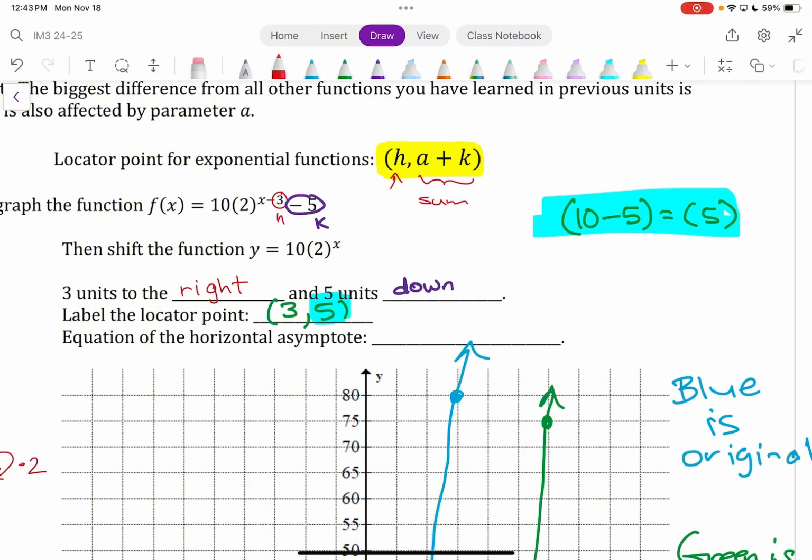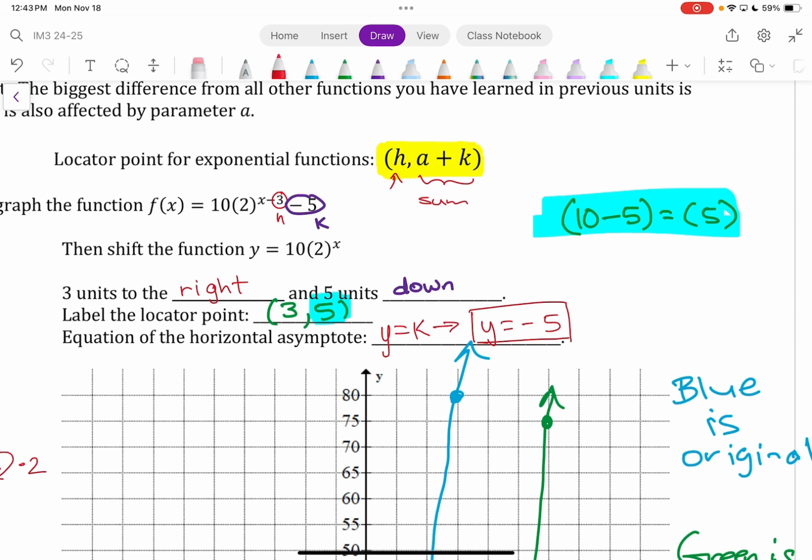And then the equation of your horizontal asymptote follows y equals k. So it's whatever your k value is. Since in this case the k value is -5, then your new horizontal asymptote is -5. Now this is a new word, horizontal asymptote. You may not know what this means, so let me explain to you what an asymptote is.